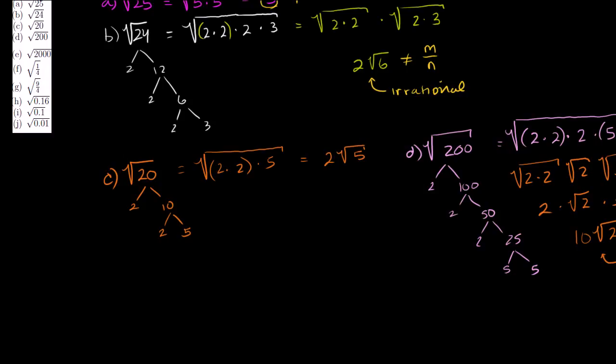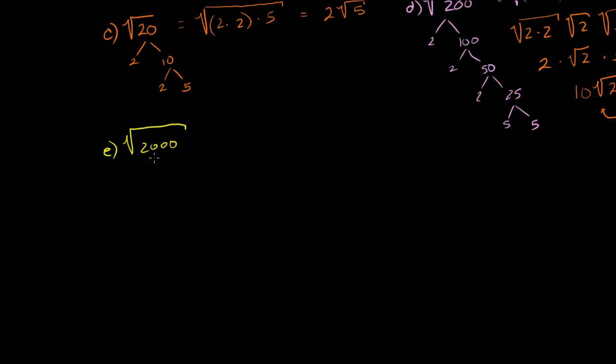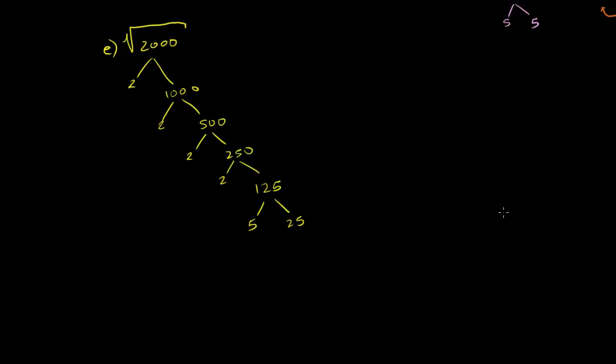I'll do it down here. Part E, the square root of 2,000. Same exact process that we've been doing so far. Let's do the prime factorization. That is 2 times 1,000, which is 2 times 500, which is 2 times 250, which is 2 times 125, which is 5 times 25, which is 5 times 5.